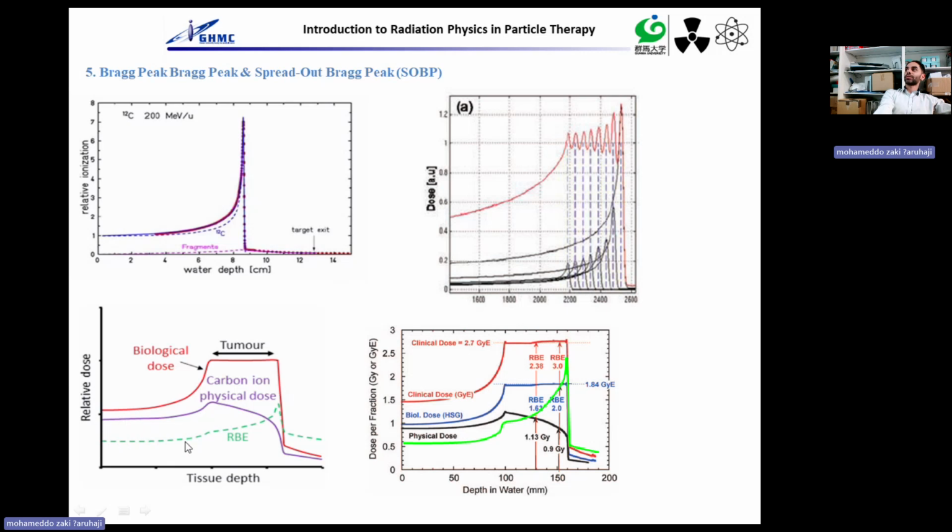We'll start the same, increase a little bit, then reach its maximum, then drop, because the RBE is also related to each sharp Bragg peak. For me to have this clinical dose uniform, like this line, I need to make sure that the physical dose and biological dose are following the same path, uniform too.